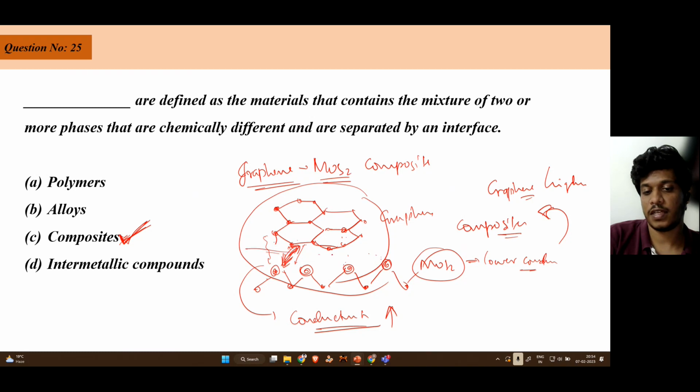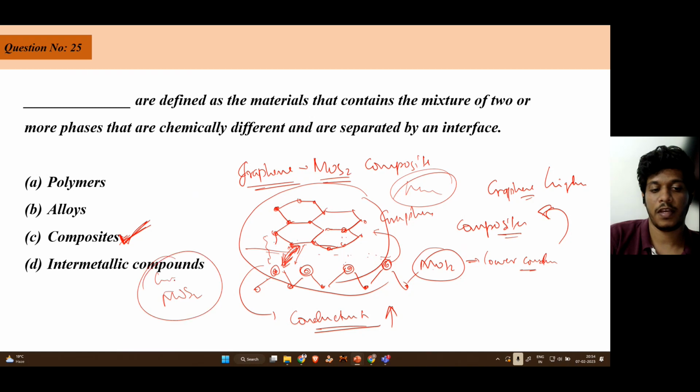These kinds of materials can have many applications. As I said, the material generally has lower conductivity, but when it is combined with graphene it can have very high conductivity. So the conductivity can be increased by making a graphene composite.